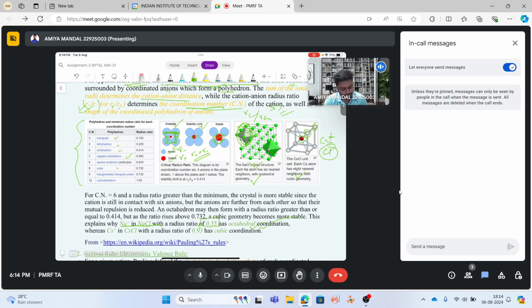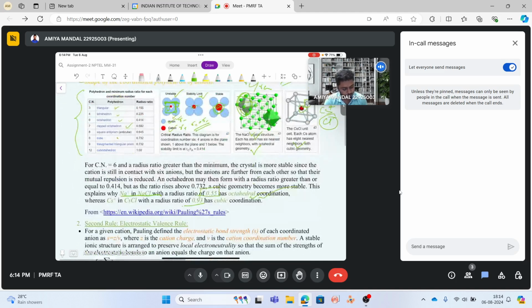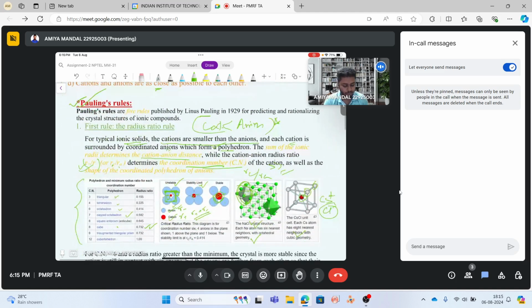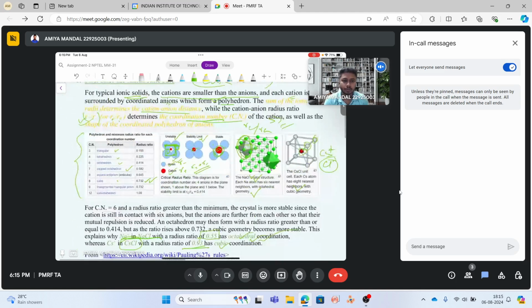But the cesium chloride radius ratio is 0.93, so this forms a cubic structure. Which is more stable? Cube is more stable than octahedral position. So cesium chloride is more stable than sodium chloride. All of this, according to the radius ratio rule, is told in the first rule of Pauling's.